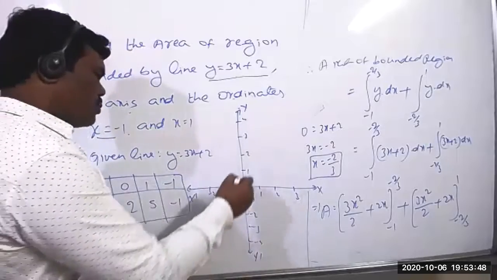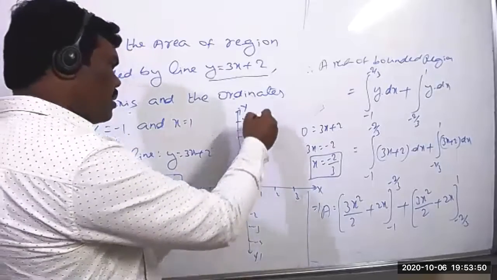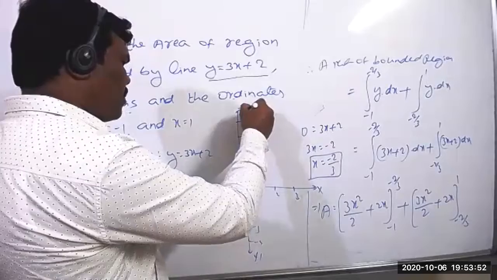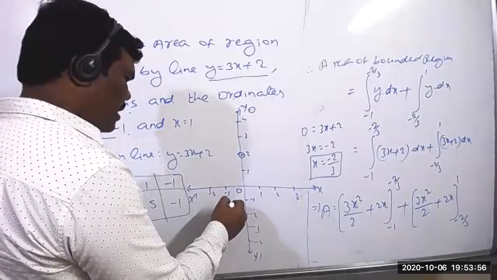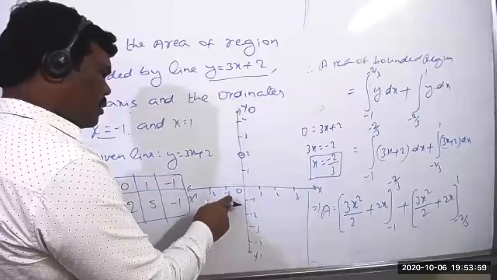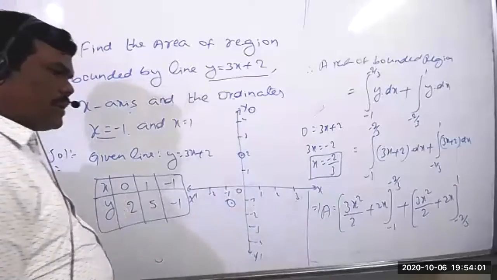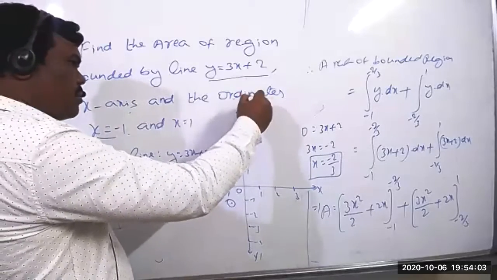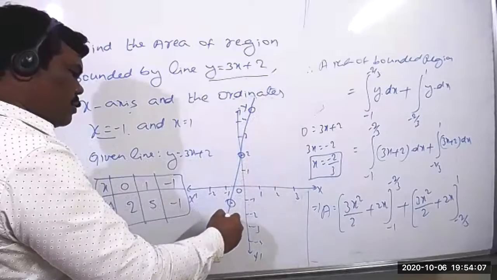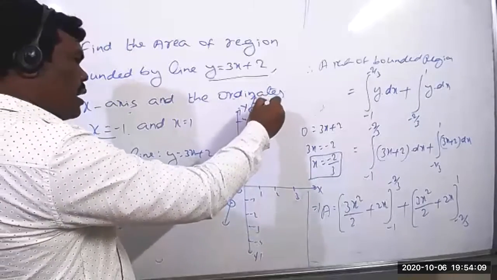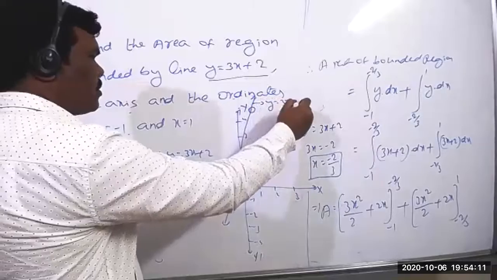Now tell me the points. 0, 2 we'll get the point here, 1, 5 approximately, and minus 1, minus 1 we'll get the point here. Correct, Anirudh? Yes, sir. Now draw the straight line. This is the line y equals 3x plus 2.